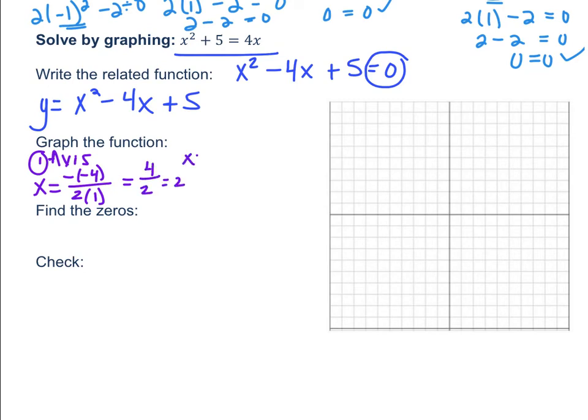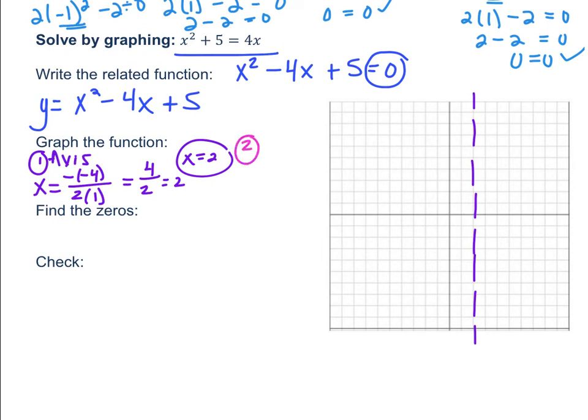So we've got x equals 2 for our axis of symmetry. So we come over to our graph. We're going to draw on that vertical line at 2. All right. And again, I definitely should have more room for these, but we'll make it work.